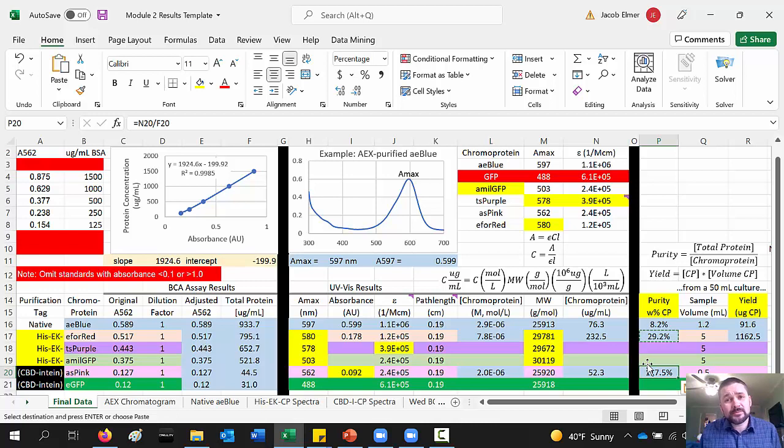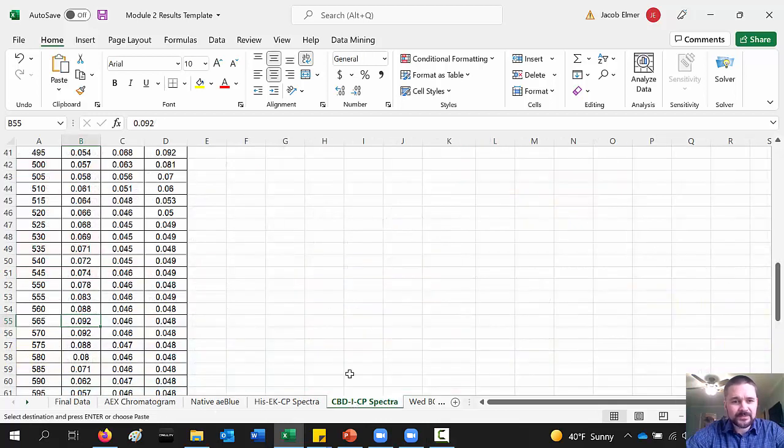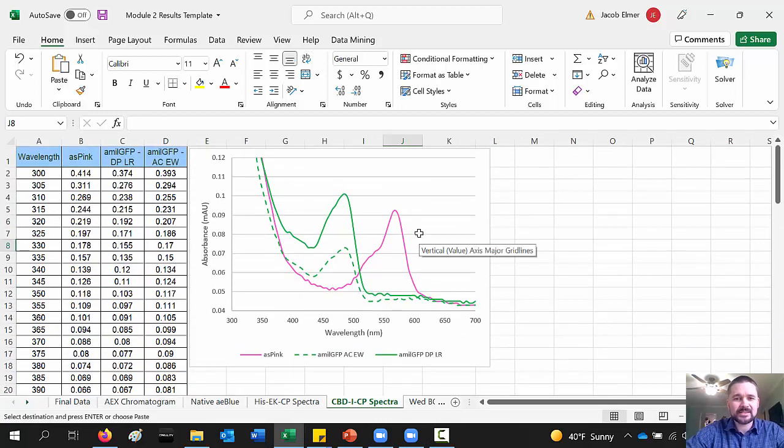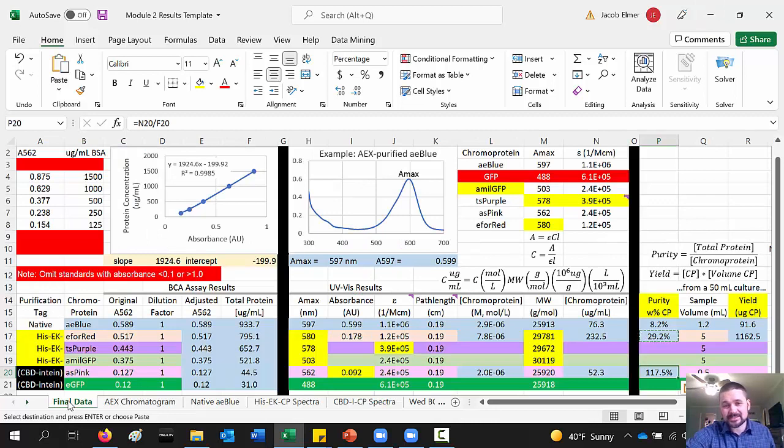Now, you might be a little bit concerned about that number because it's greater than 100. I want to point out that when we collected the spectra for these chitin purified samples, these values were quite low. They were pretty dilute solutions. So specifically, that AS Pink value that we just used was lower than 0.1. And I've told you before, we can't necessarily trust anything outside the range of 0.1 and 1.